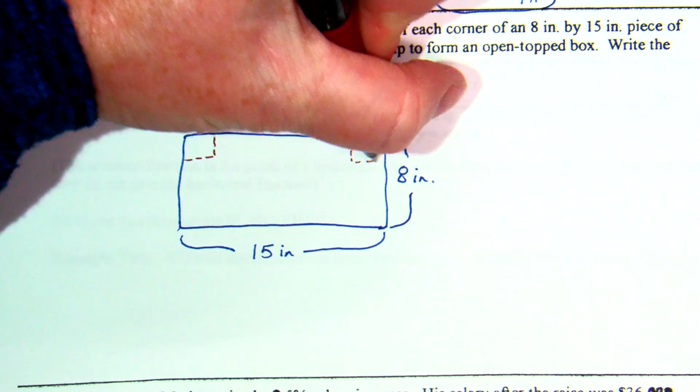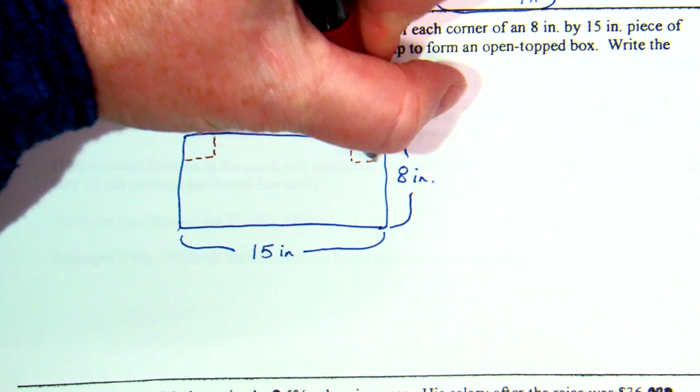Now, my original rectangle had sides 15 inches long and 8 inches long. And then we're going to cut out the corners, yes? So these corners of x by x are going to be gone. And so over here, what's that leave? That leaves this little flap right there.